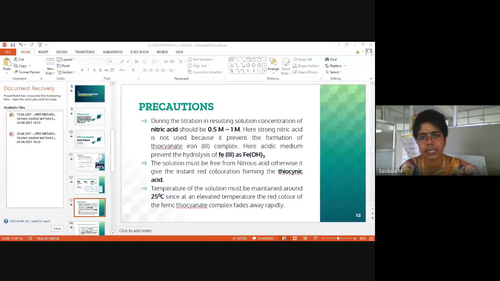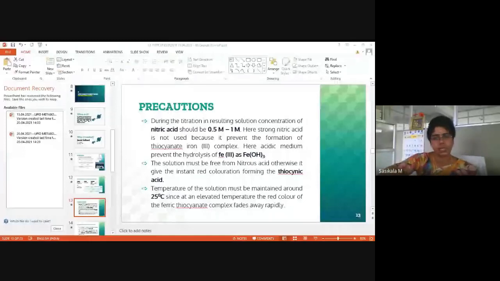It is a Greek word, where silver represents argenta, so the titration involving argenta is called argentometry. Precipitation means an insoluble residue is formed, so it is called precipitation titration.